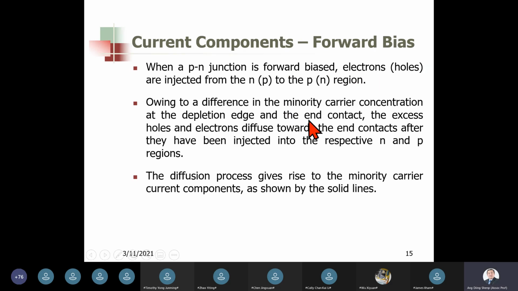This diffusion current comes from the excess minority carriers because they are injected at one end of the PN junction. So they diffuse along the length of the quasi-neutral region, and as they diffuse, of course, they recombine with the majority carriers there, which explains why the excess minority carrier concentration decreases with distance.